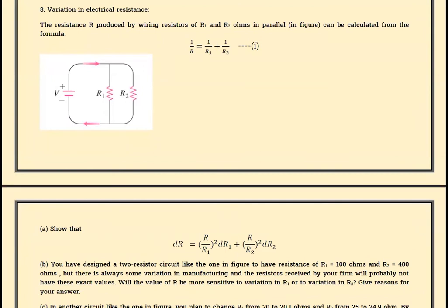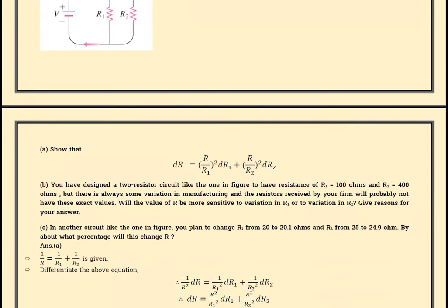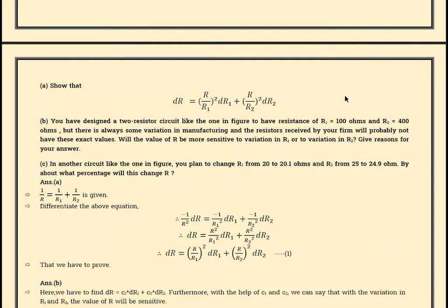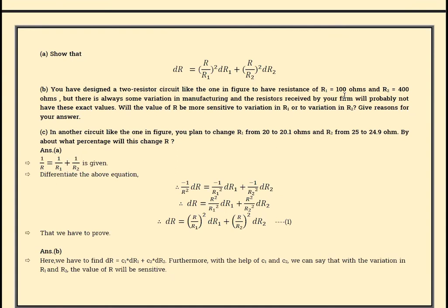In this question, we are given the equation 1 upon R equal to 1 upon R1 plus 1 upon R2. From this equation, we have to show that dR is equal to R square upon R1 square into dR1 plus R square upon R2 square into dR2. The second question is, if R1 is 100 ohm and R2 is 400 ohm, there is always some variation in manufacturing, so the resistance received by your firm will not be exactly this value.